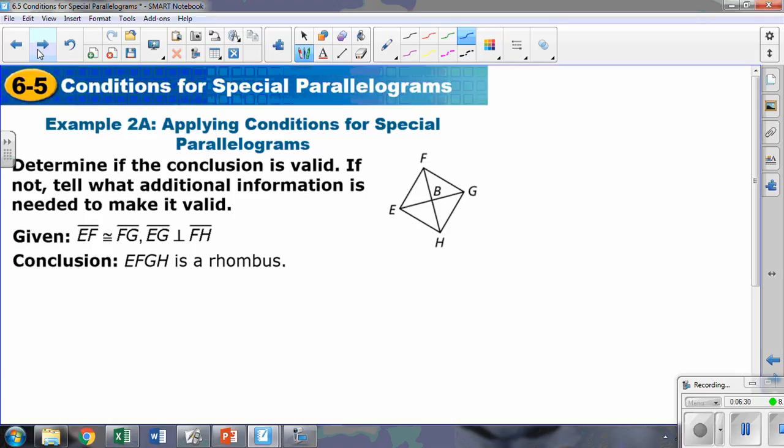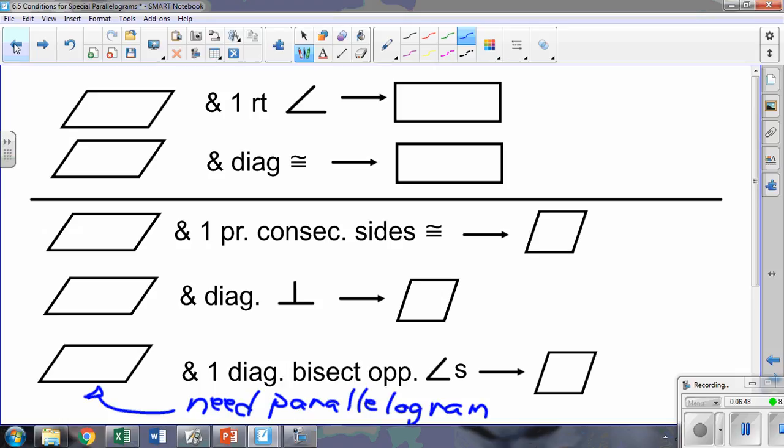Consider this one. Determine if the conclusion is valid. Okay, so the conclusion is this shape is a rhombus. For it to be a rhombus, one of these tools has to work. These are the three different tools we have to say, I know it's a rhombus.